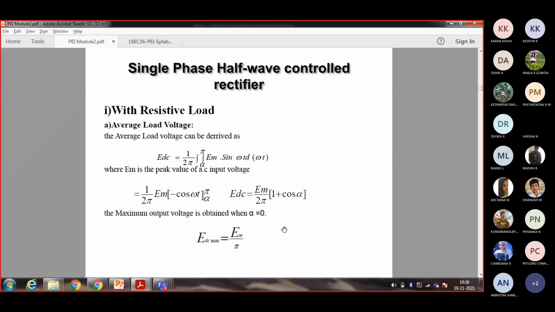EDC is derived as 1 by 2 pi integral of your input waveform Em sin omega t d omega t.